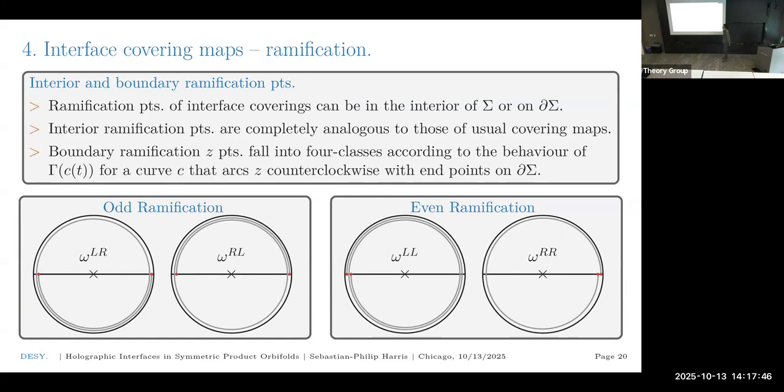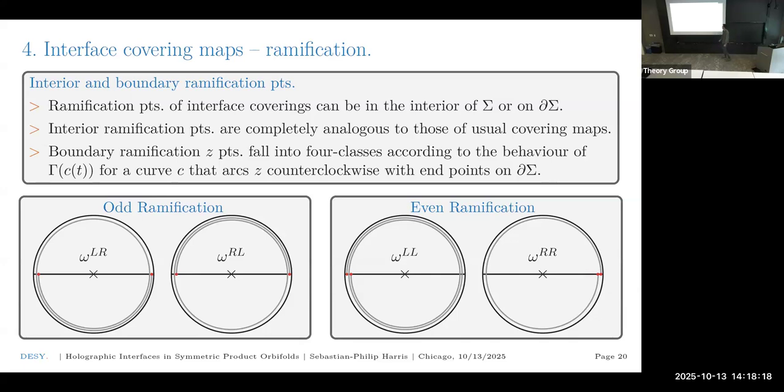The ramification points in the interior behave completely as before, and in particular, they can be associated with the ramification index, which is again just a single integer. The ramification points that can occur on the boundary of sigma are slightly different, and on top of having some integer that describes their winding, they also have some additional labels which separate them into four classes.